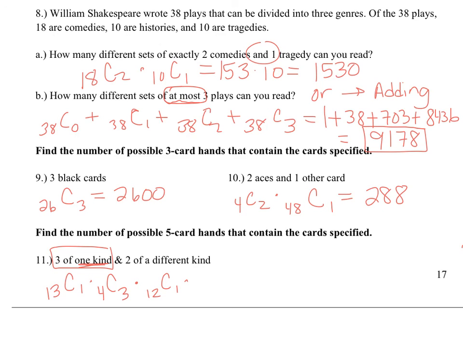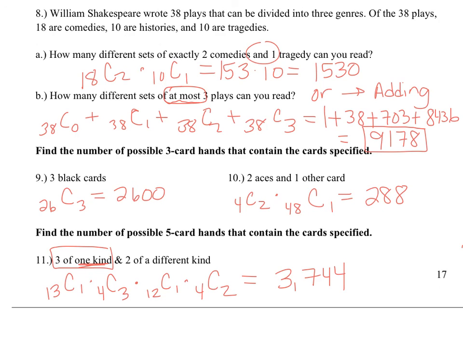And once I've chosen that, let's say maybe it's the queens. There's 4 queens, and I want to choose 2 of them. So that all together I'm choosing 5 cards from 2 different kinds. If you carefully type this all in and calculate it, you'll see that there are 3,744 different ways this could happen.